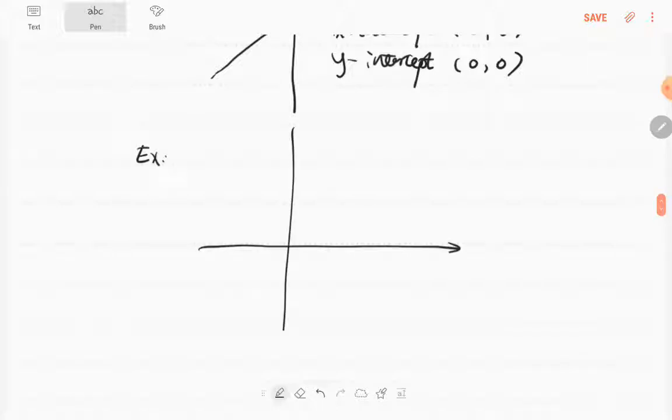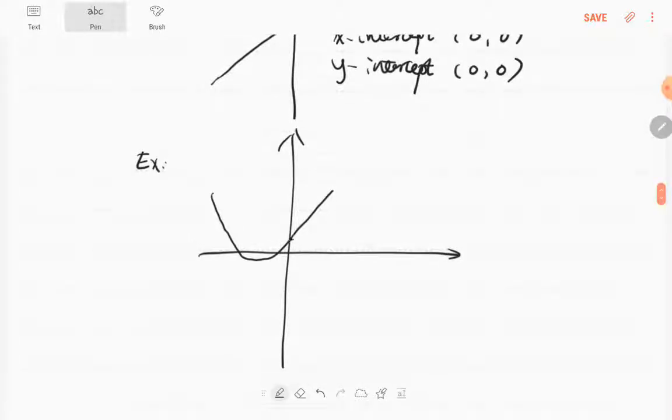Sometimes the picture does not show a straight line. Maybe it's just a curve, right? We can still find the intercepts. Let's say this is -1, -2, -3, and this point is -4. For this question, we could find the intercepts. Let's check by the definition. X-intercepts should be on the x-axis.